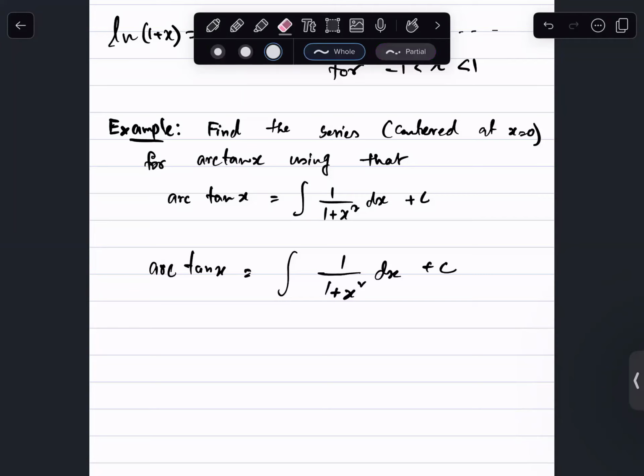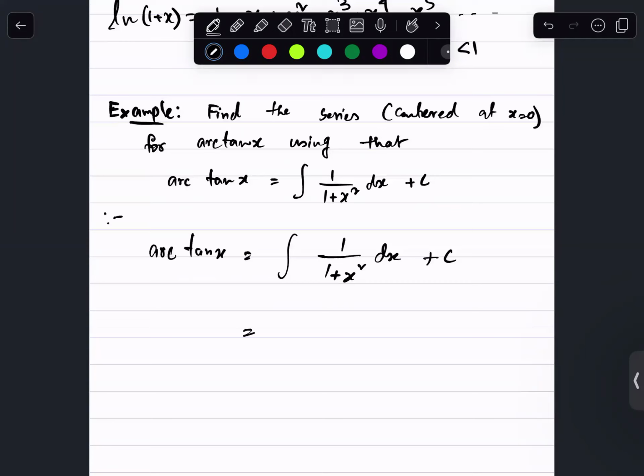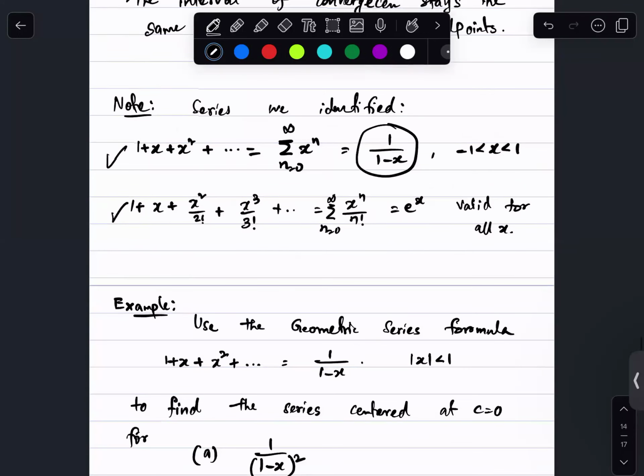For now, I can neglect this c, or I can carry this c all the time. Same thing, doesn't matter. But again, can I somehow relate this with one of the formulas that I have given you already?